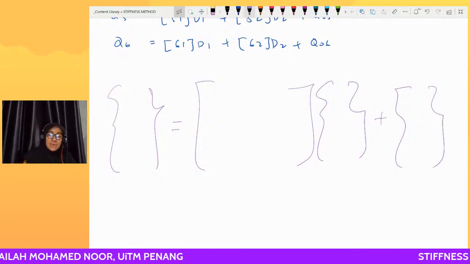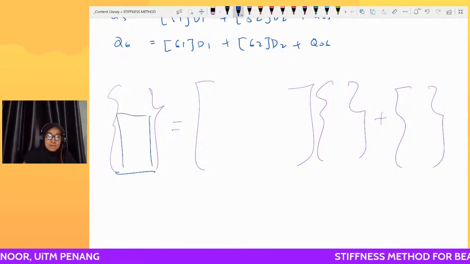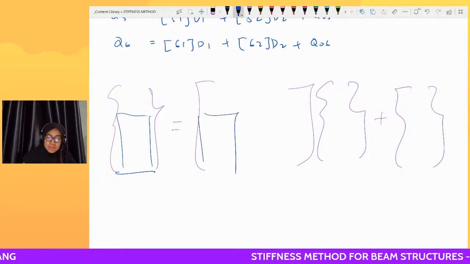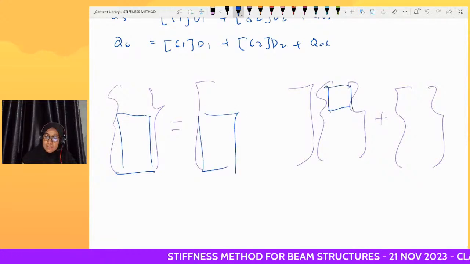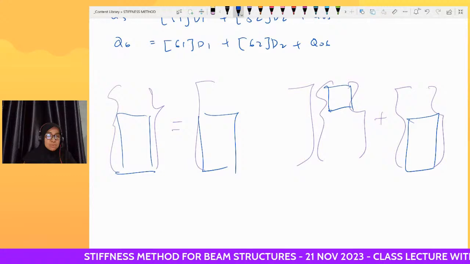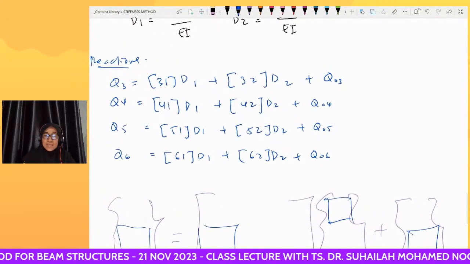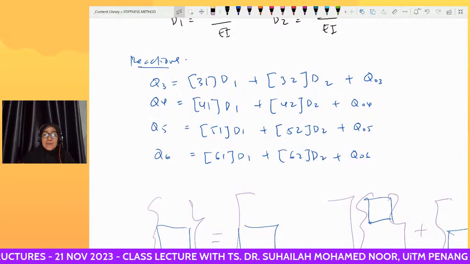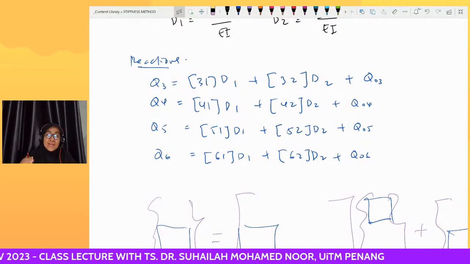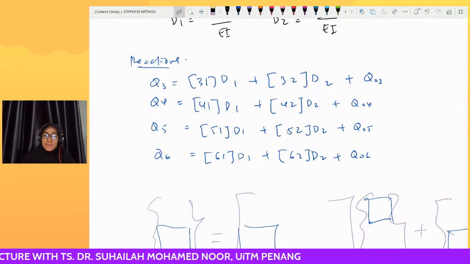So when we want to calculate this, we need this times this plus this. So this is the matrix multiplication actually, and this is the process for the reaction.